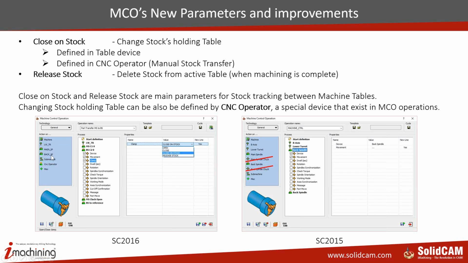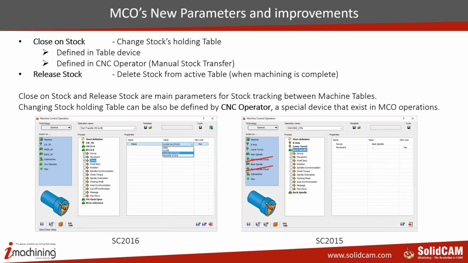As you can see in the left picture, there is no such device over here, but those devices are embedded or moved into the back spindle or main spindle. I will say more about that in the table device. So this is the main change in the interface.